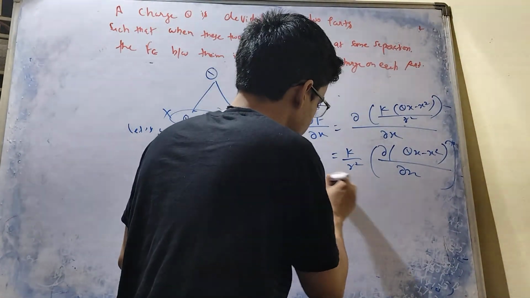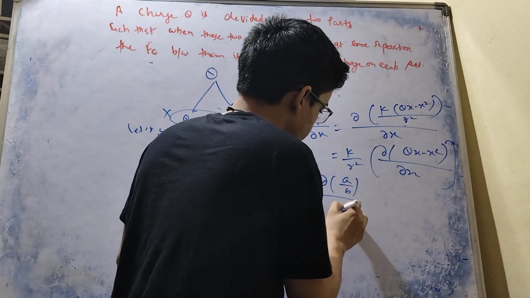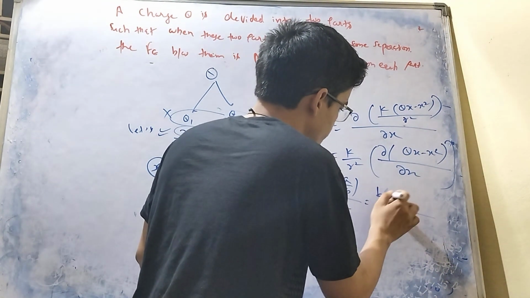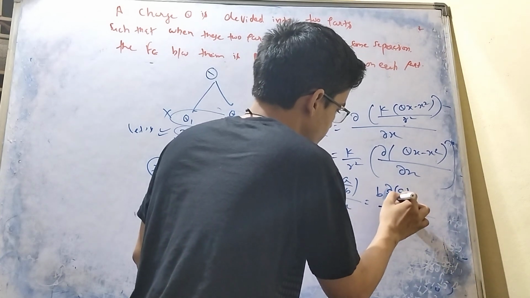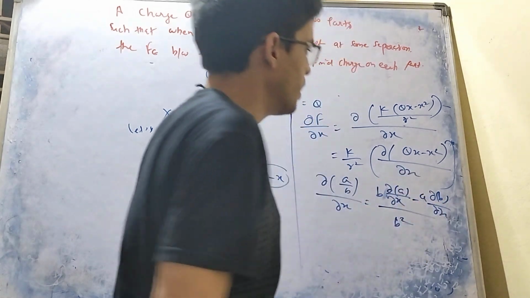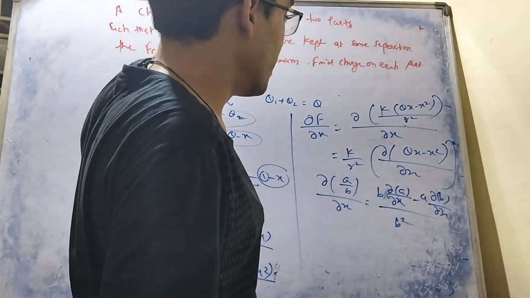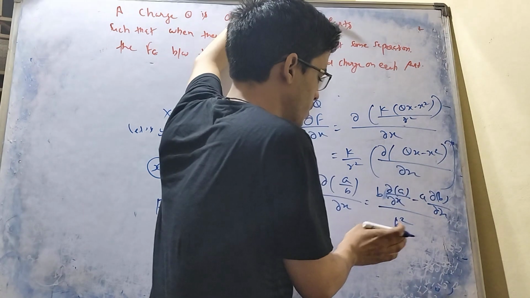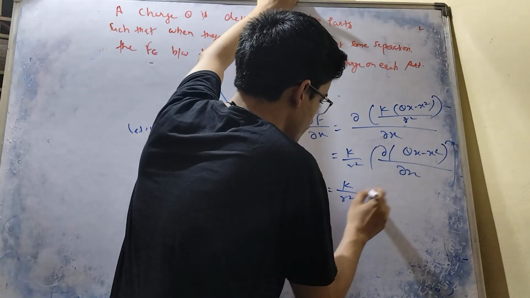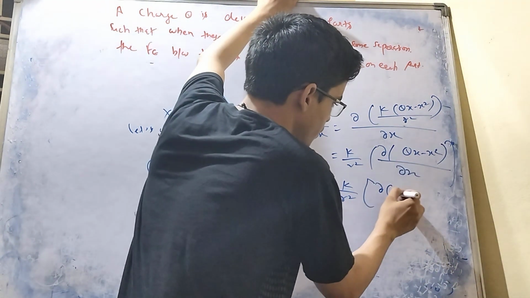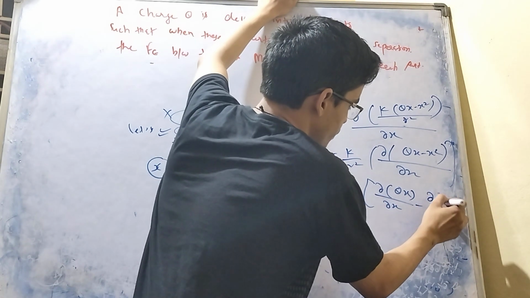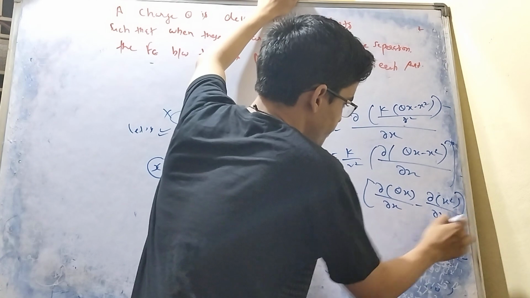Suppose differentiation of a by b by dx, this will be b square into b dA by dx minus a dB by dx. Similarly here also, actually here only Qx minus X square numerator is present. So simply we can write here K by R square, and this will be differentiation of Qx minus differentiation of X square by dx, right?